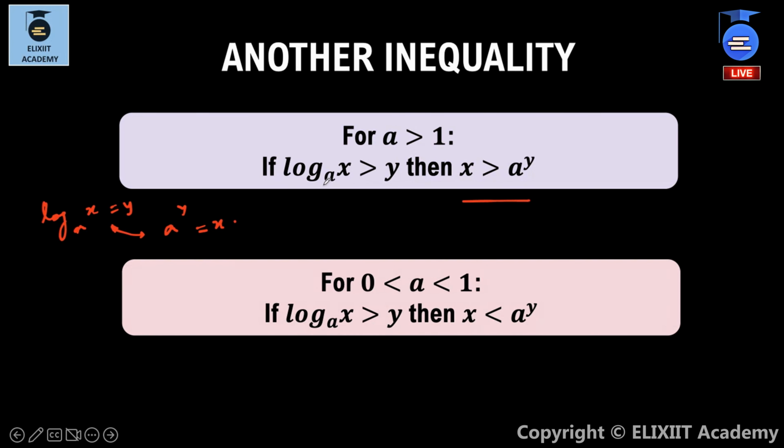Now in case of inequality, it is slightly different. What is the difference? We have to check the orientation of this inequality according to the base of this structure. According to the base, orientation will change or not change. If a is greater than 1 and log x base a is greater than y, then if you convert this directly, you will get x is greater than a to the power y.